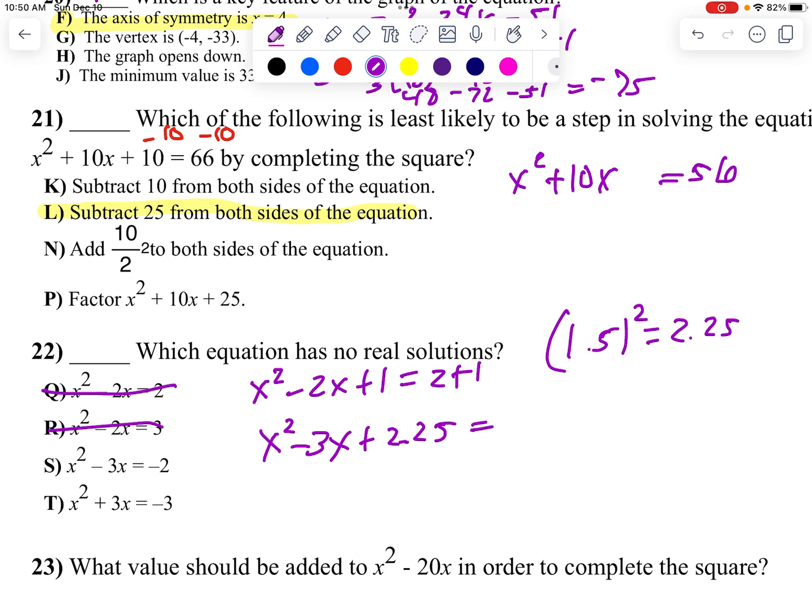And if I do that, notice I'd end up with a positive 1/4. So I can do that one. So the only one it can't be is letter T, because if I add 2.25 to negative 3, I end up with a negative. So the only choice we have is T.